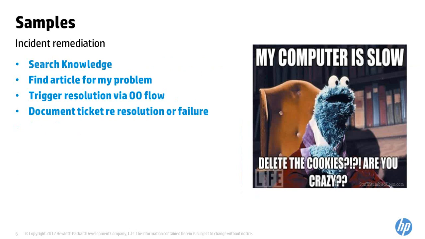And by the way, another element of this might be that the customer logs in and finds the knowledge article, and then the OO flow in that particular case could be something as simple as go reach into the customer system, grab out of their system environmental settings, configuration items, whatever, pass that over into Service Manager and generate the ticket, so that if a desk agent is needed for resolution, much more information is available.